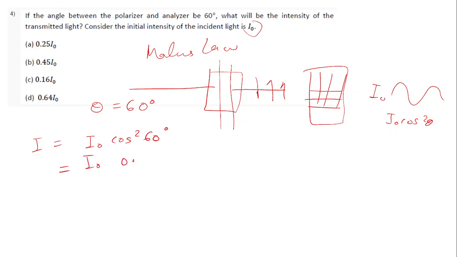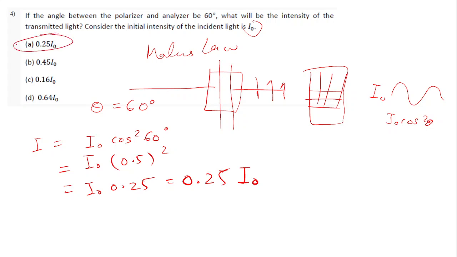Cos 60 is 0.5, so the square of 0.5 will be 0.25. So that is 1/4 of the incident light. So the transmitted light's intensity will be 0.25 I naught. A is the correct option.